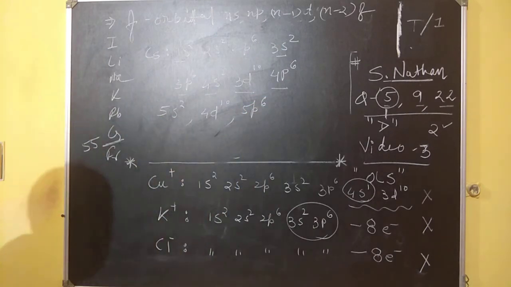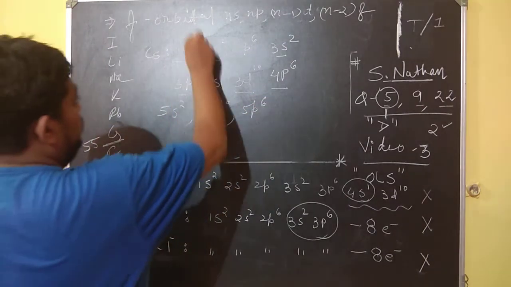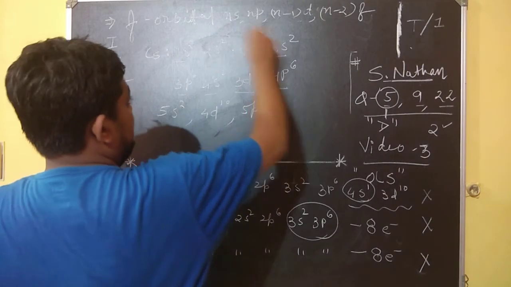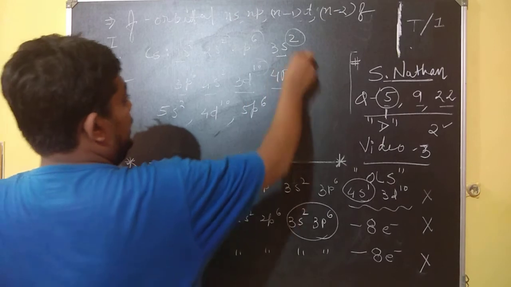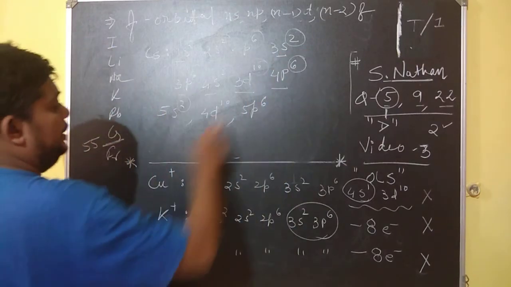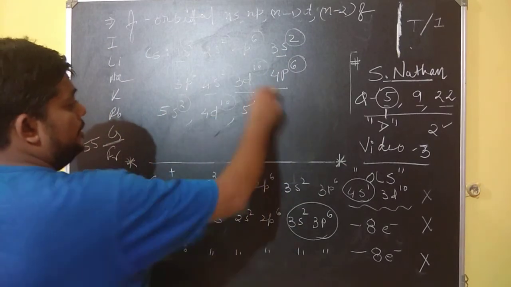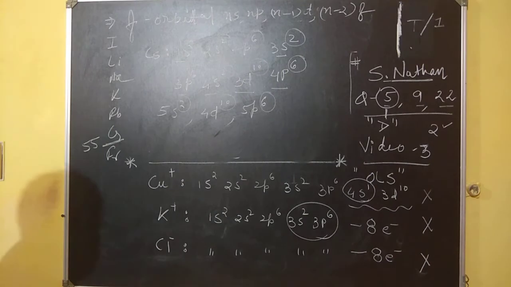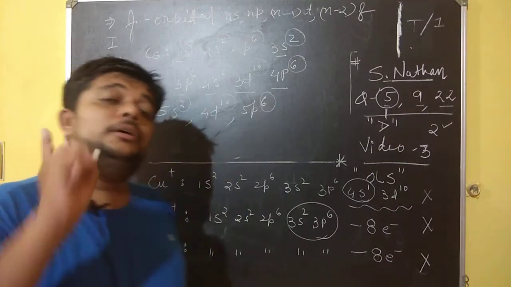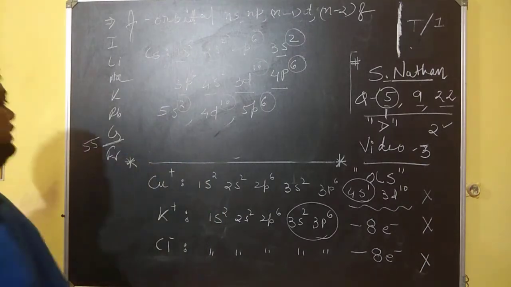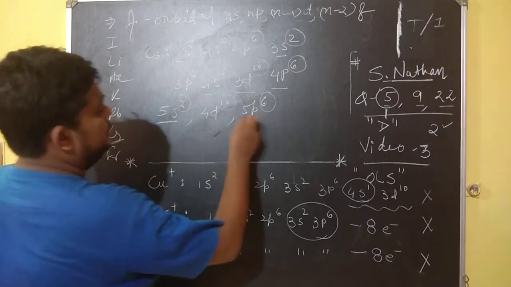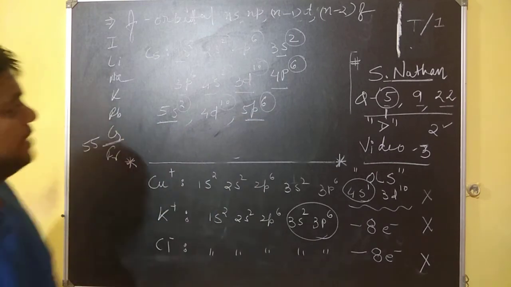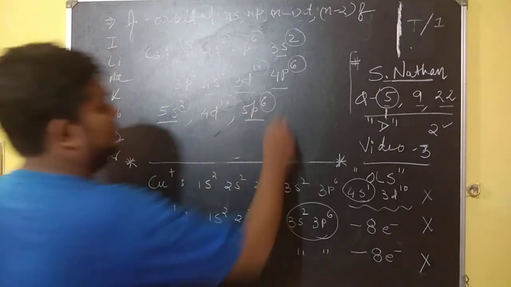Now you calculate the number of electrons. 2 and 2, 4 and 6, 10, 12, 18, 20, 30, 36, 38, 48, 54. So the total number of electrons over here is 54, and for cesium plus, 1 has to be removed. Over here the outermost orbit is 5, and friends, there are only 8 electrons again.